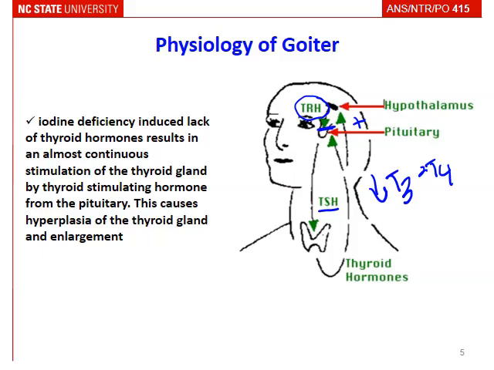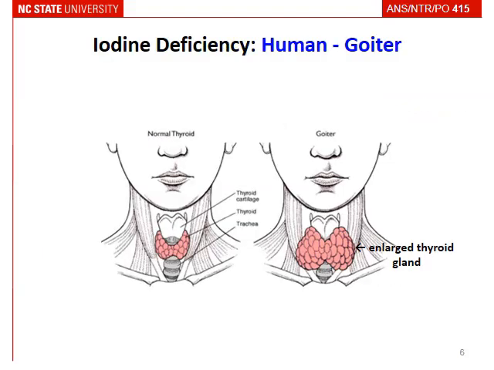So therefore, we're going to have this constant loop, and the gland is going to get much bigger, and you're going to end up looking like you have a big baseball in your throat. Your thyroid gland is found within your neck, and here is a normal individual. You can see over here, a normal size thyroid.